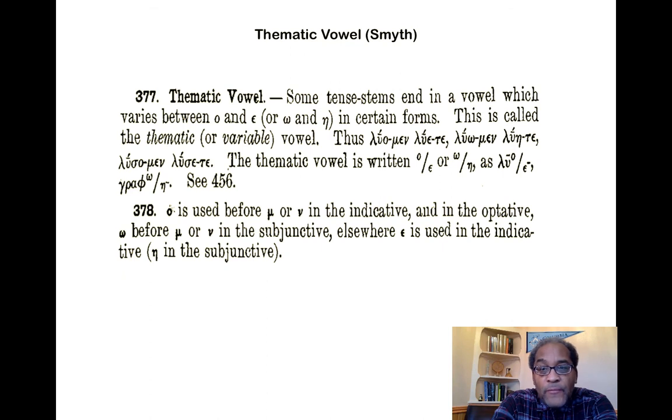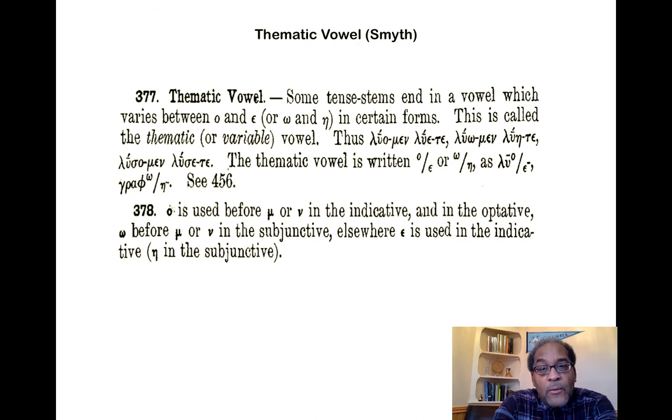Those first two forms are present. The second two forms are subjunctives. The third two forms are futures. The thematic vowel, omicron, epsilon, or omega, eta, and you can see section 456 of Smyth for a little more information about that.